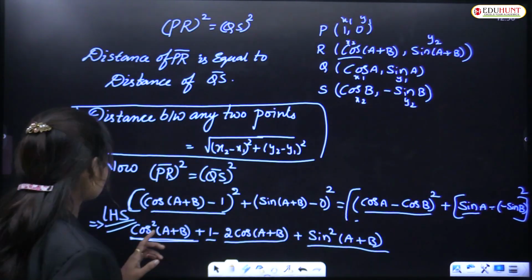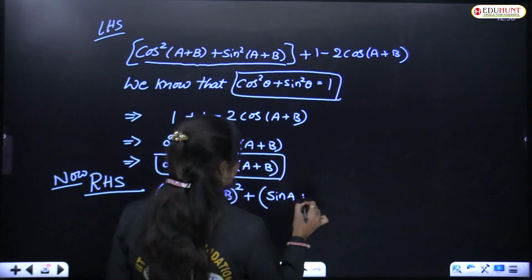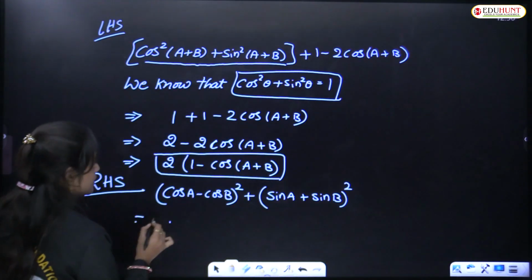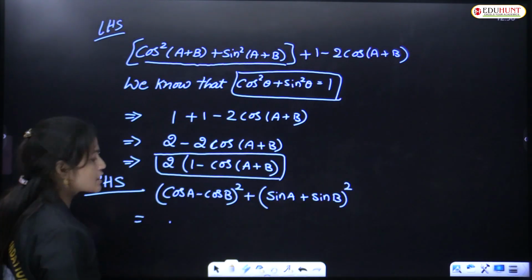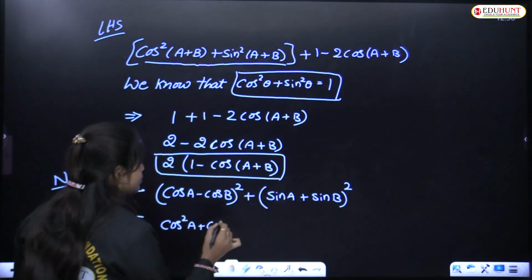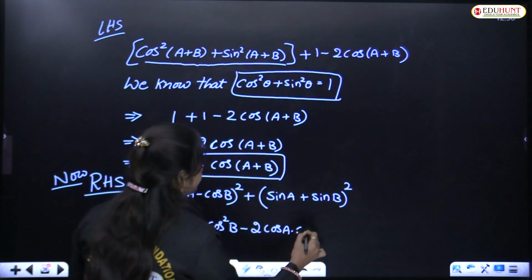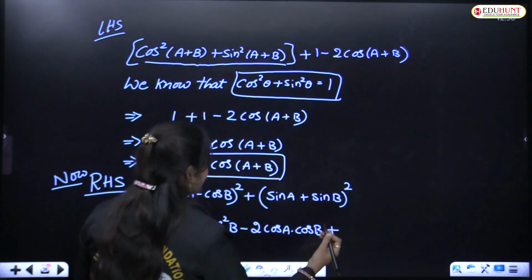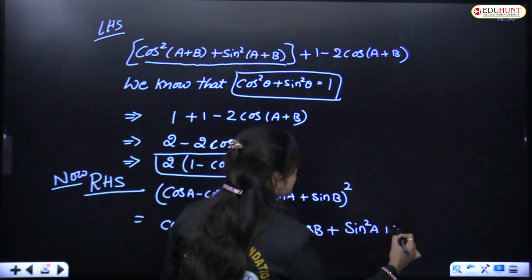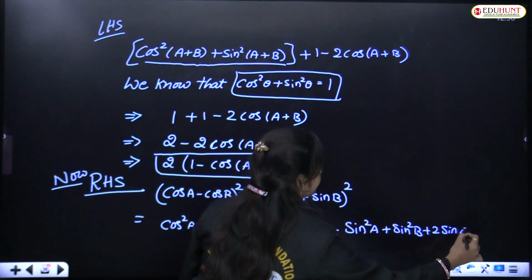So sin A plus sin B whole square. Now simplify this. This again is in the form of A minus B whole square, no? So cos square A plus cos square B minus 2 cos A cos B. Okay, plus here this one sin square A plus sin square B plus 2 sin A sin B.